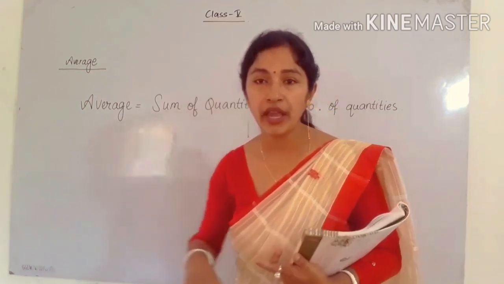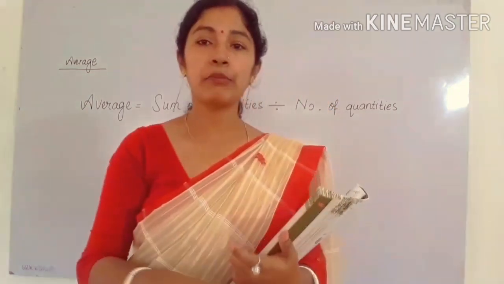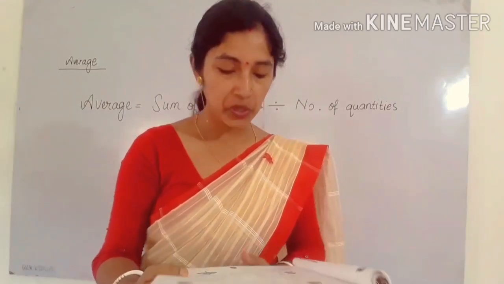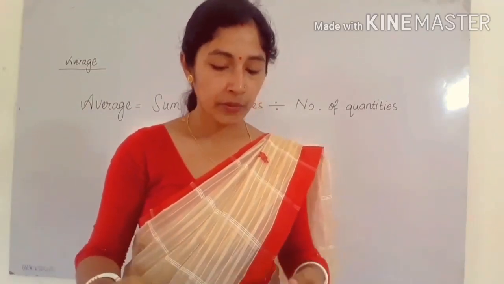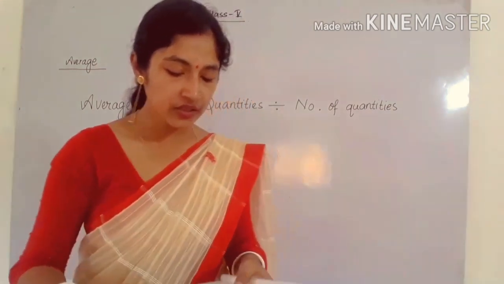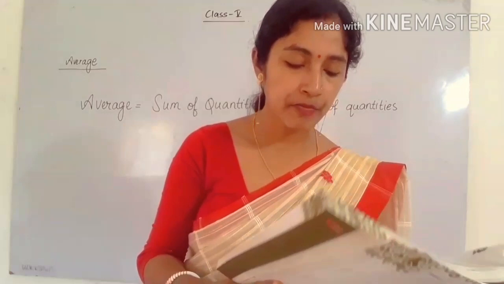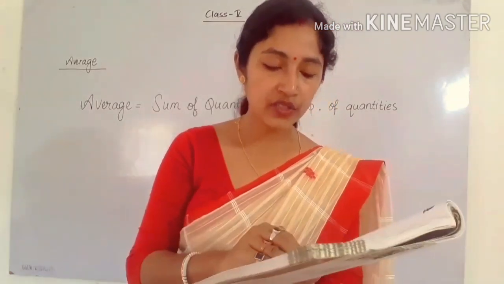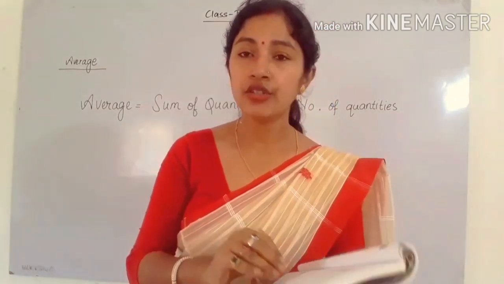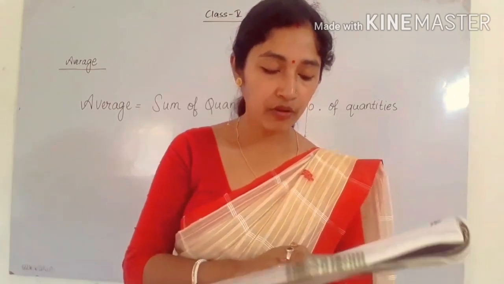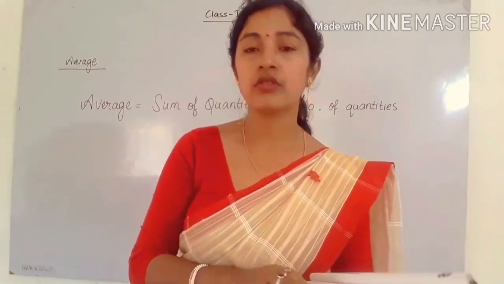So what do we mean by average? Let us do it with an example. One example is given in your book, on page number 47, question B. This is the hours of study in each day. For example, on Monday you study 2 hours.